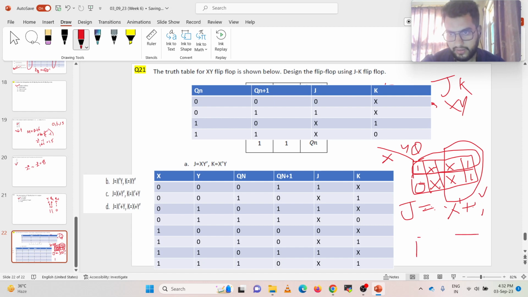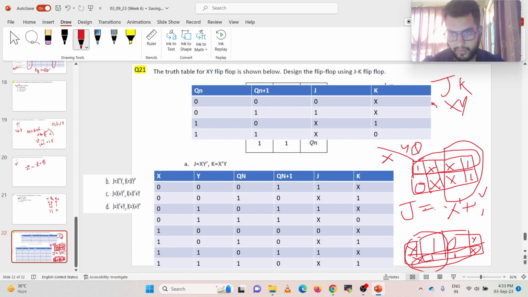Similarly for K, I have x, then I have 1, then I have 0, then I have x, then I have x, then I have 1, then I have 1, then I have x. So it will be like this and like this.